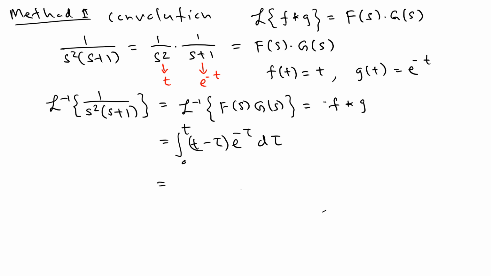So the integration by parts is going to give you this. It's going to be (t minus tau) e to the minus tau from 0 to t, minus the integral from 0 to t of e to the minus tau d tau, and then you plug in the values. So you're going to get t here.